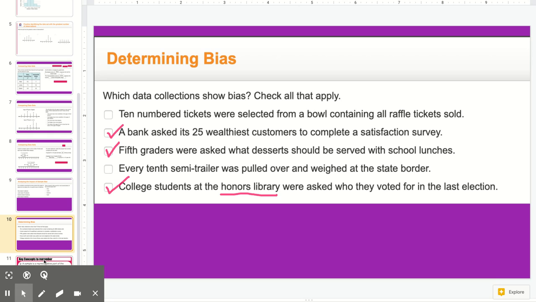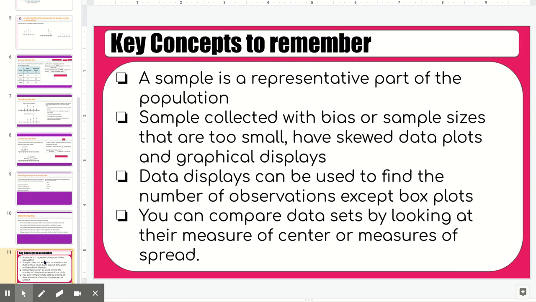Okay, and the last slide. So these are key concepts to remember for your quiz tomorrow. So remember, a sample is a representative part of the population. You're trying to represent an entire population. Samples collected with bias or sample sizes that are too small have skewed data points and graphical displays.